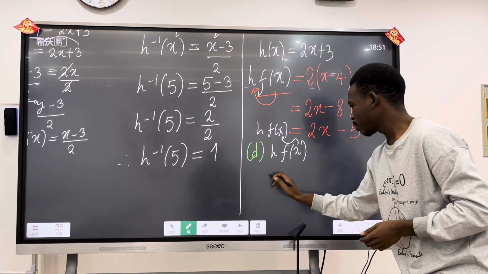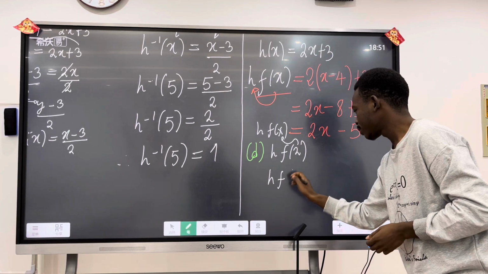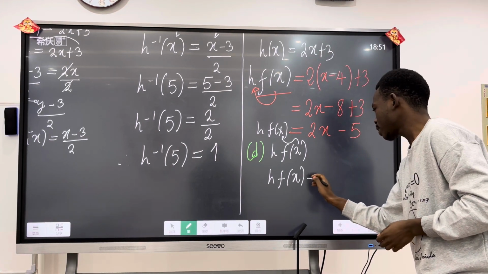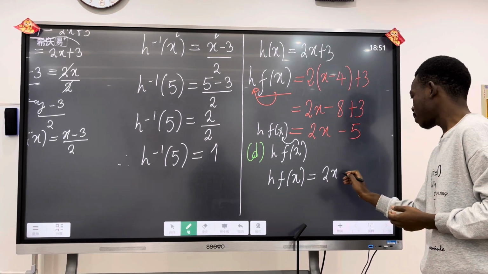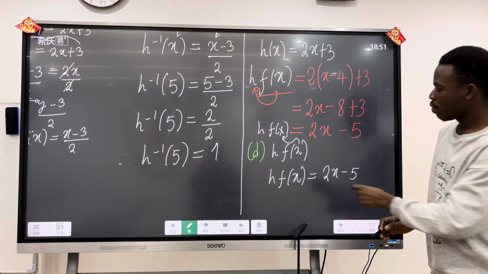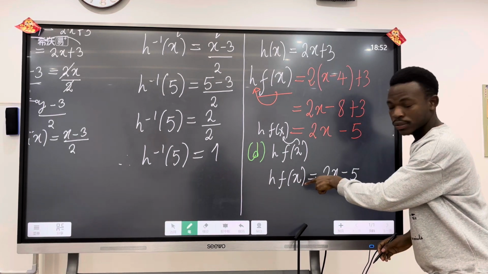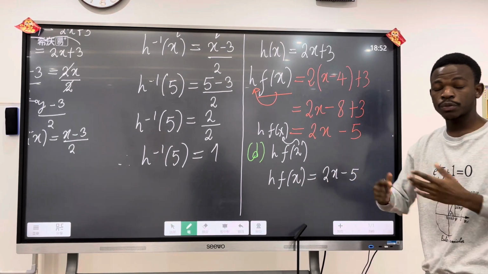So what do we start with? We start with h of f of x. We already know what h of f of x is. So h of f of x is basically equal to 2x minus 5. Now what we've done there, we've put a 2. So everywhere where there's x, we should put a 2.